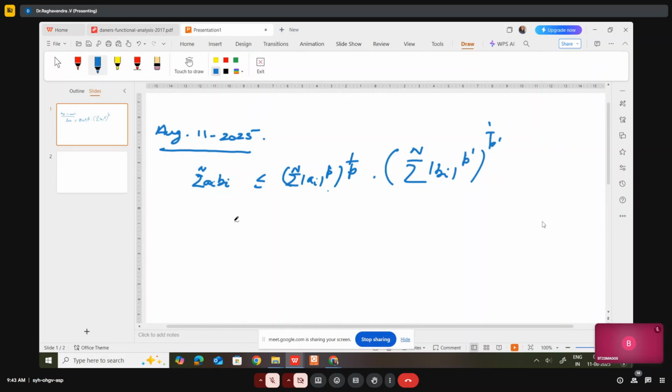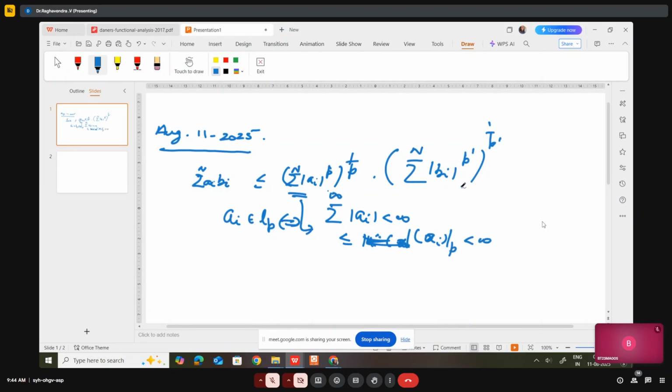Now you take this sequence a_i in l_p. What does it mean? It means summation of mod a_i to the p up to infinity is finite. So this term is less than or equal to the norm of the sequence a_i with respect to this norm p, which is finite.